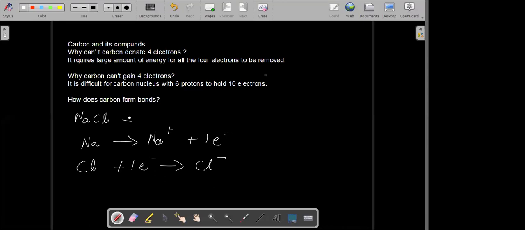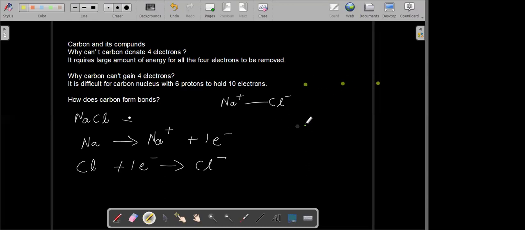Yes, sir. So see, sodium and chlorine atoms are held together because they can easily form ions. Sodium forms an Na plus ion, chlorine forms a chloride ion. They are held together by strong electrostatic forces of attraction.